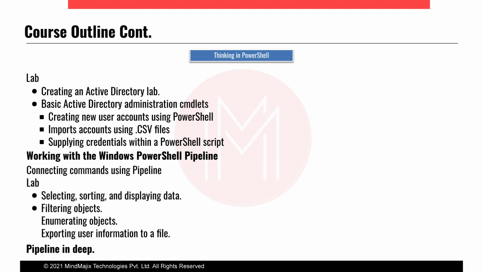In Windows system administration, everybody knows a lot of work is done with respect to automation in Active Directory. So we will see what is there in PowerShell for basic Active Directory work.